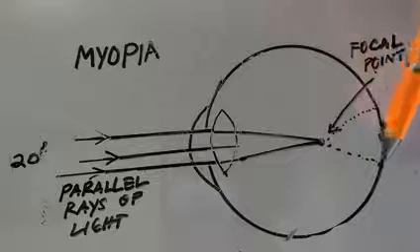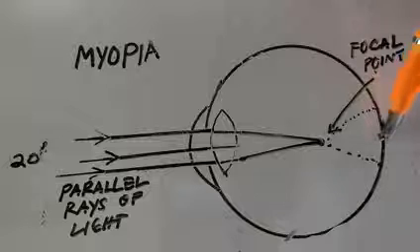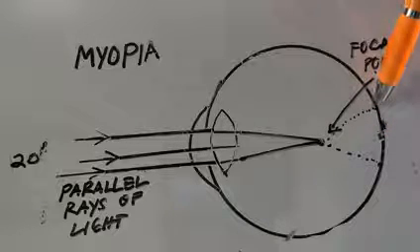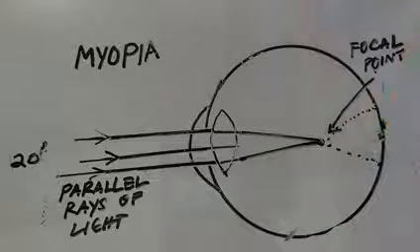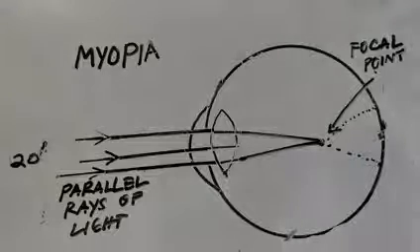Because there are two foci and not one, when it reaches the retina, the image will be stretched, blurry, cloudy. So that is what we call myopia or nearsightedness.